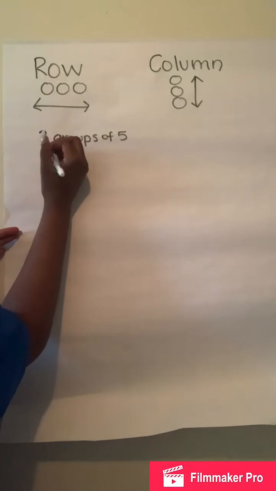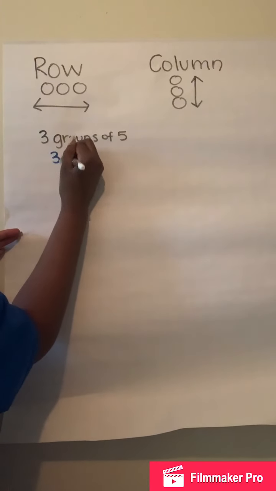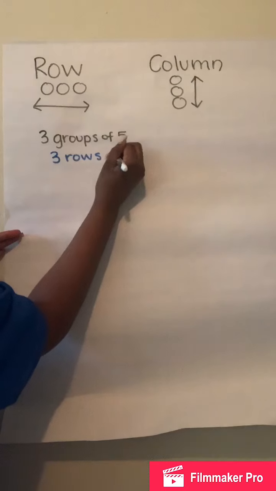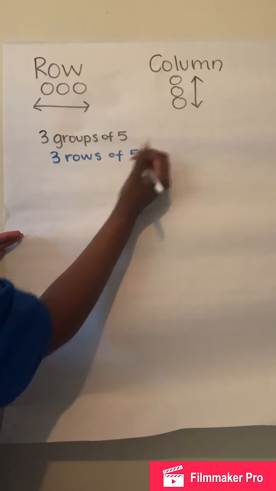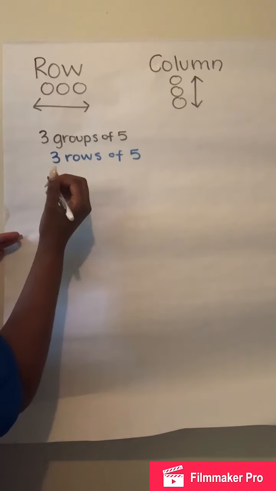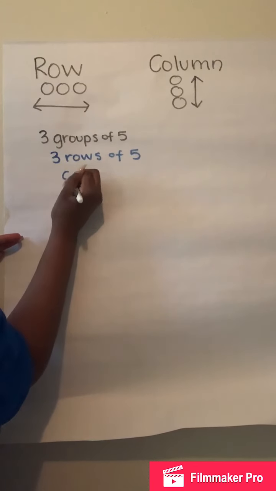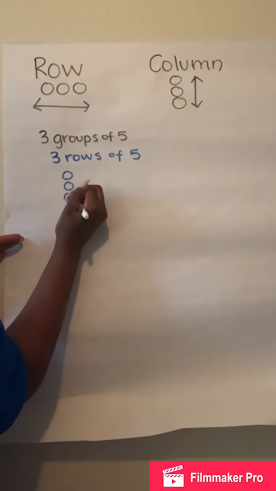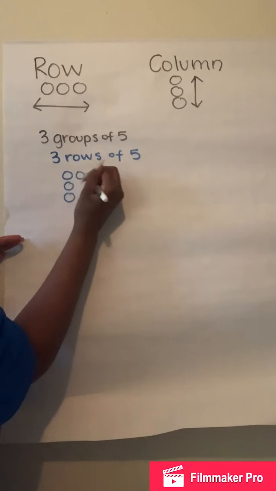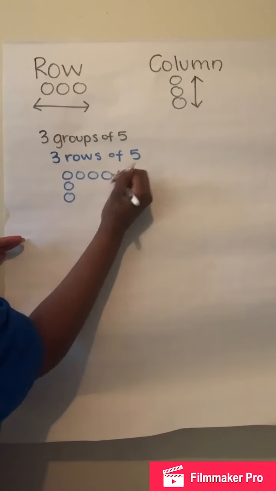I can either draw 3 rows of 5. That looks like this. I have 3 rows and there's 5 in each row.